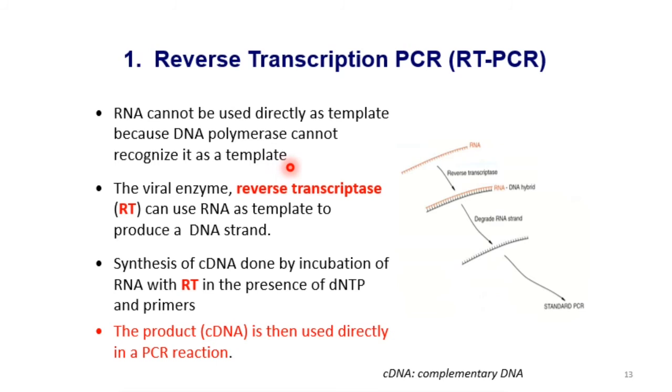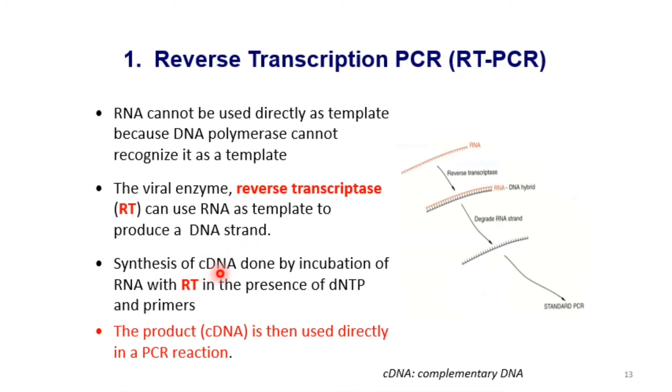Don't forget that normally we have DNA as a template. Here we have RNA as a template, and RNA cannot be recognized by the DNA polymerase. So in this case, we need a reverse transcriptase enzyme, or RT enzyme, which will use RNA as a template to convert it into a DNA strand.